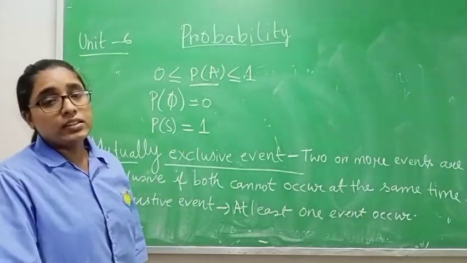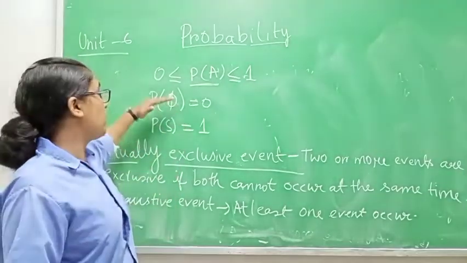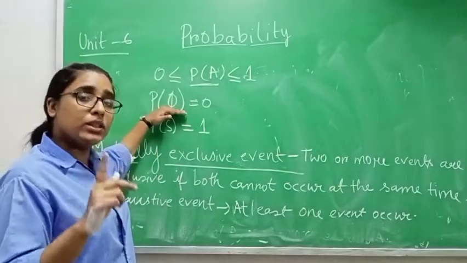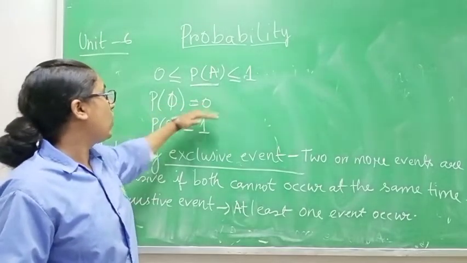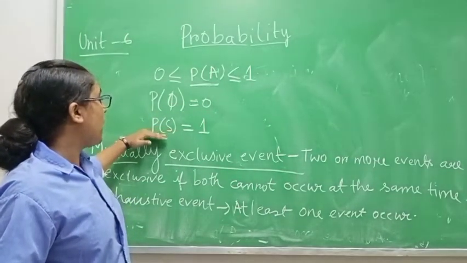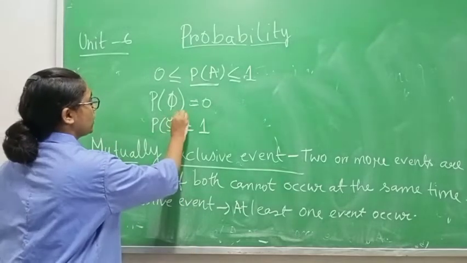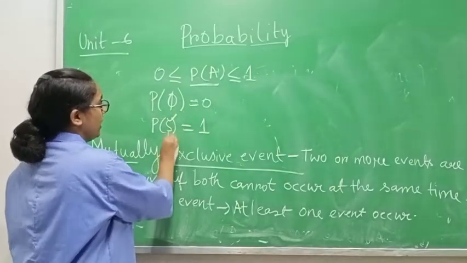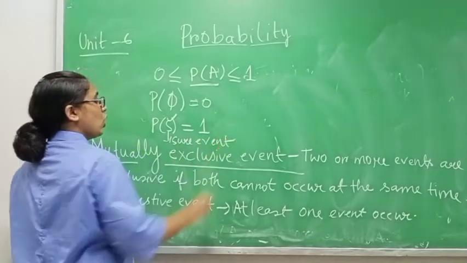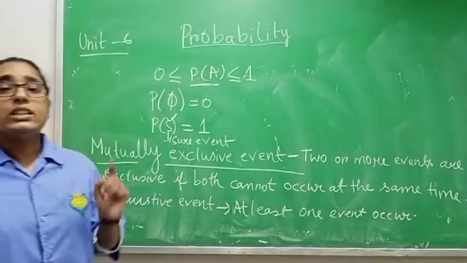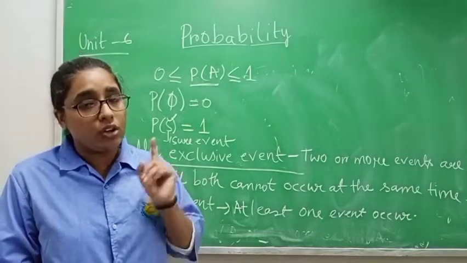It means this is an impossible event. And P(S), the probability of the sure event, where S means the sure event, equals 1. At least one of the outcomes will always occur.